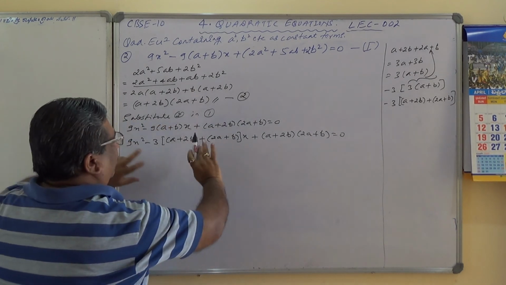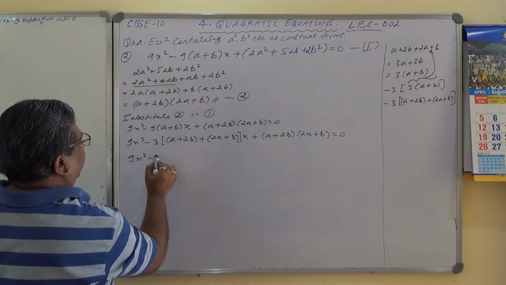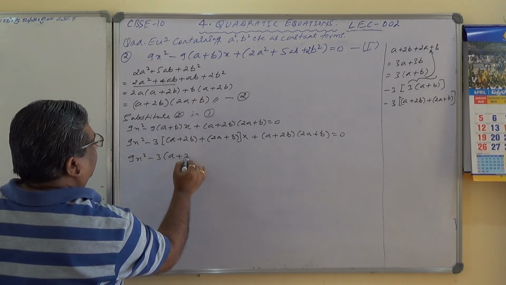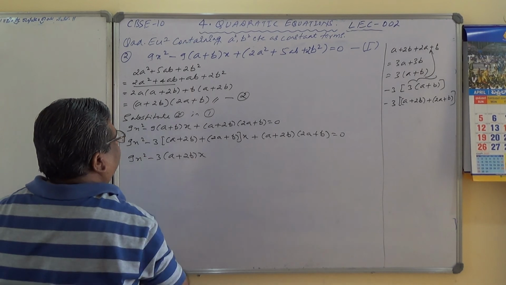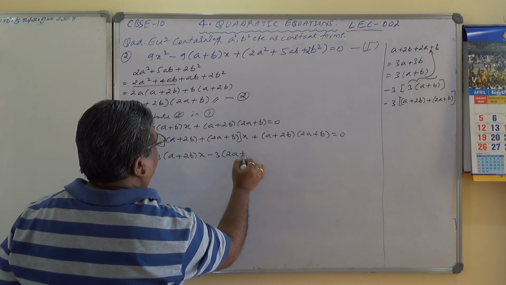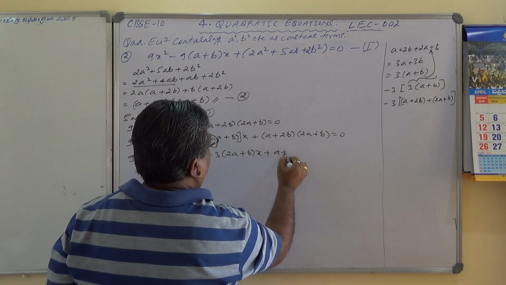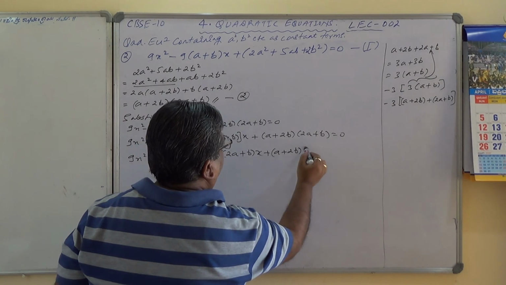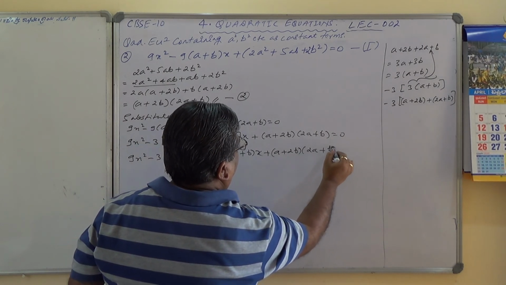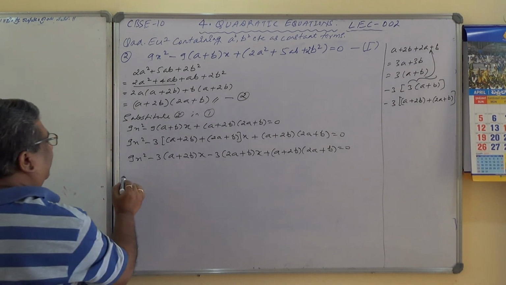Now split this one, open the bracket now. 9x square minus 3 times x minus 3 times x, well, 0. I hope you are understanding what I am manipulating, how I am manipulating.